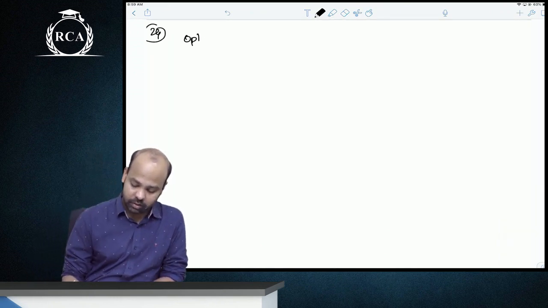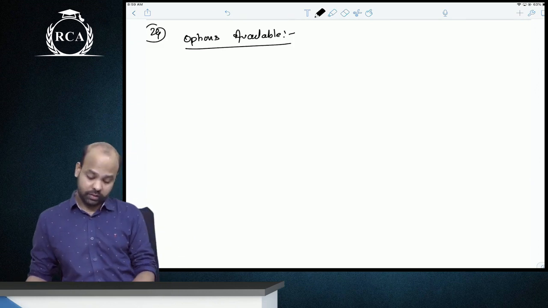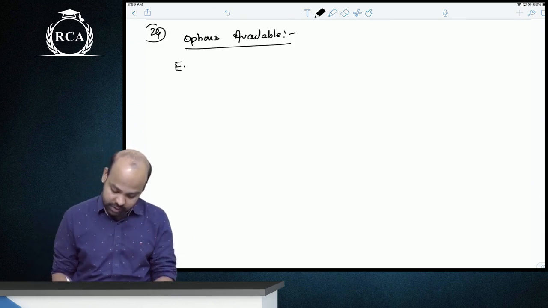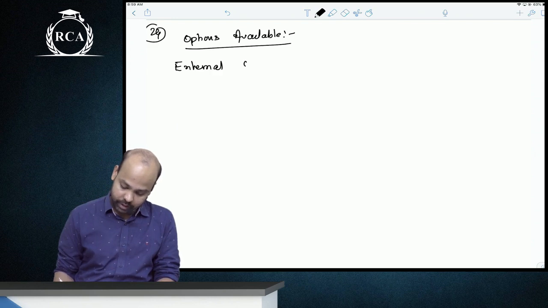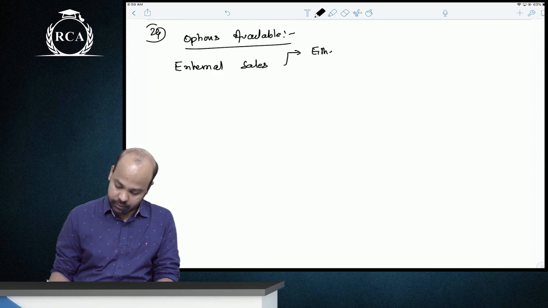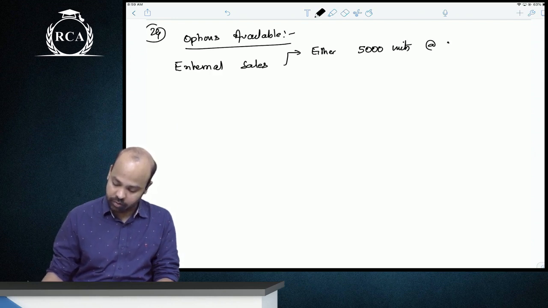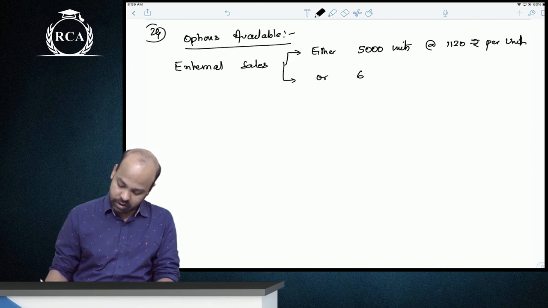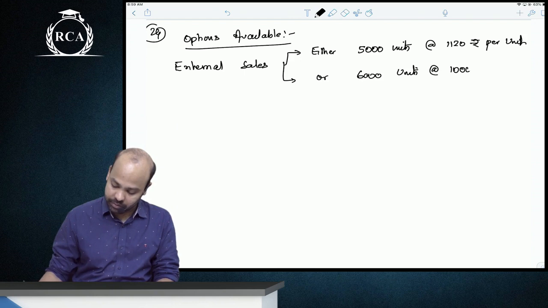So question number 24, options available. What are all the options that are available to the company? The options available are external sales, either 5,000 units at 1,120 rupees per unit, or 6,000 units at a price of 1,000 rupees per unit.